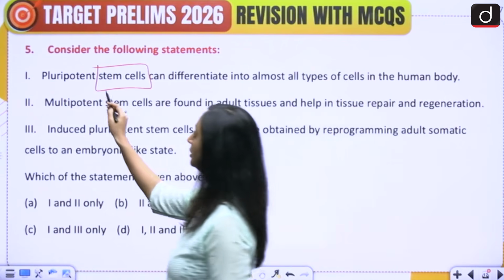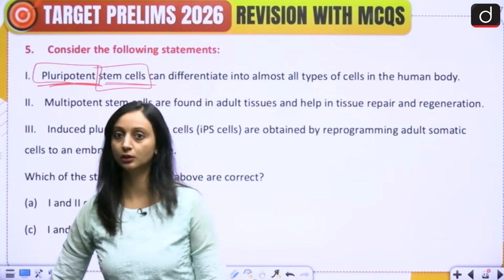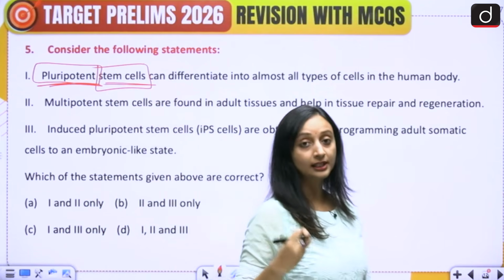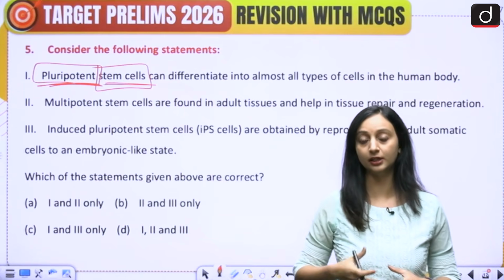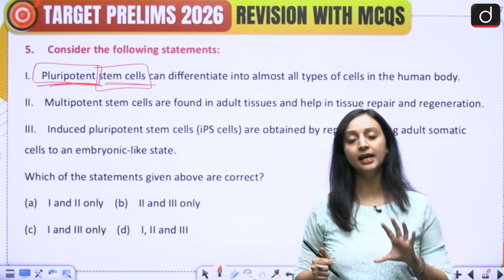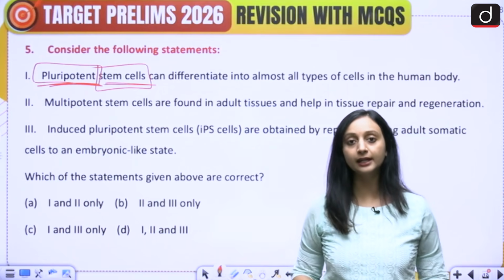First, we have the pluripotent stem cells. It is on the potency of the stem cell. So this is actually found in the early embryonic stage. In the early embryonic stage itself, these stem cells are found, and these are going to have the maximum potency. They can actually become any type of cells.